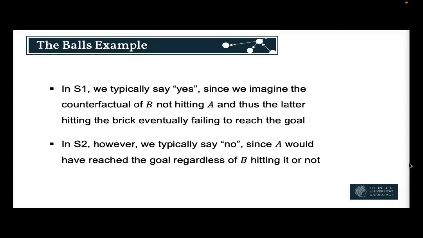So we say yes. But in the next case, it would have reached the goal regardless. So it's the other view of seeing it. We would still say it's not the cause, because B is not necessary for A to go in there.